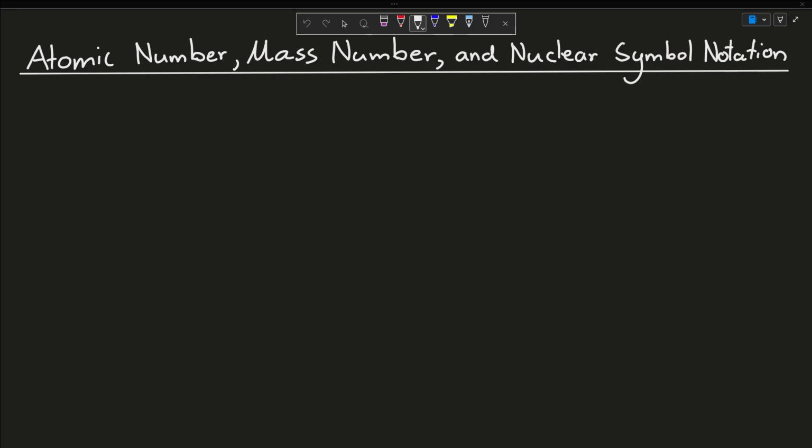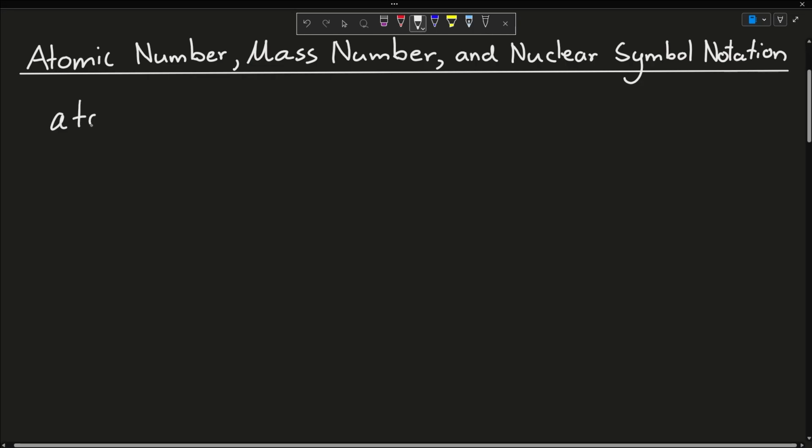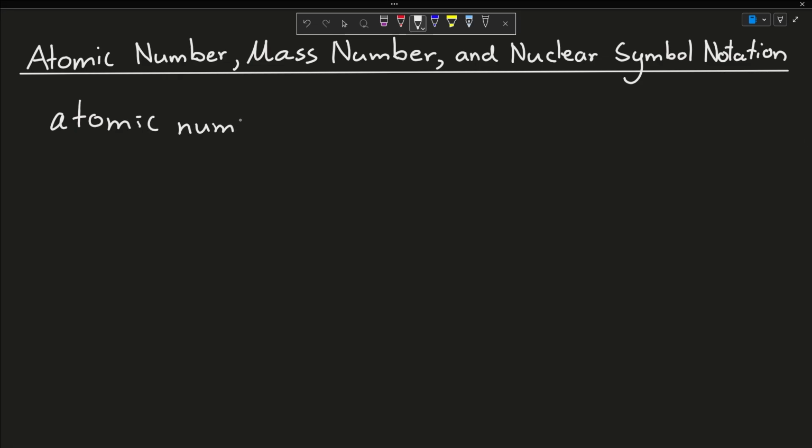As per usual, I have also displayed the definition of the cognitive verb that is used in each dot point. To answer this first point, we need to define atomic number and mass number. So, the atomic number, which is represented by the letter Z, as drawn here, is the number of protons in an atom.